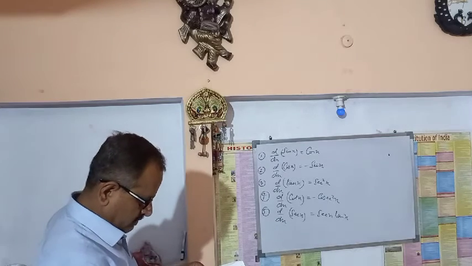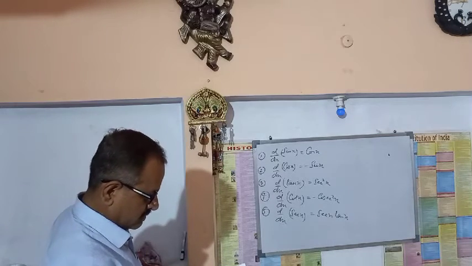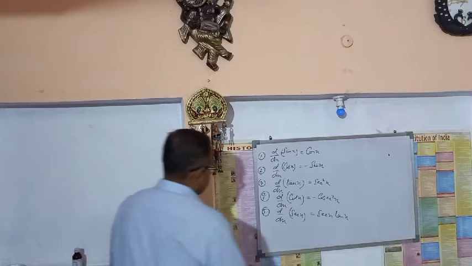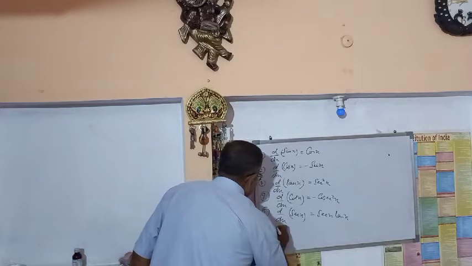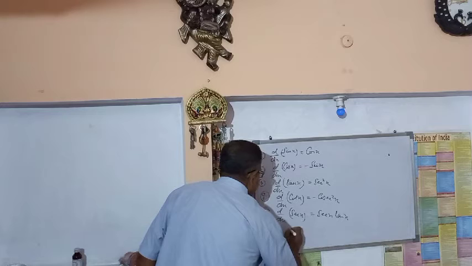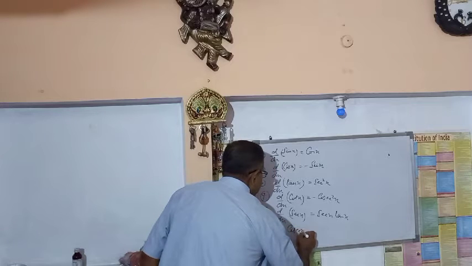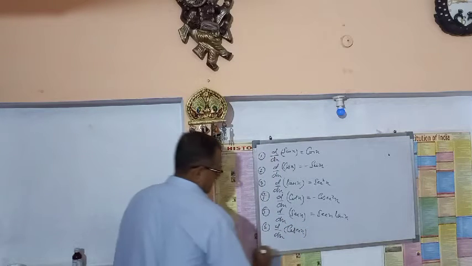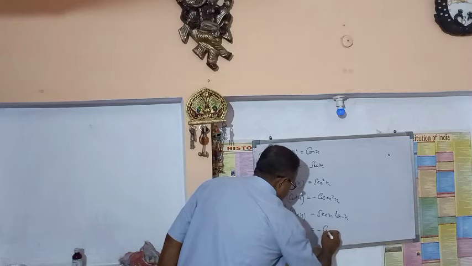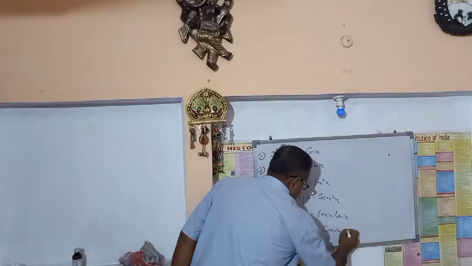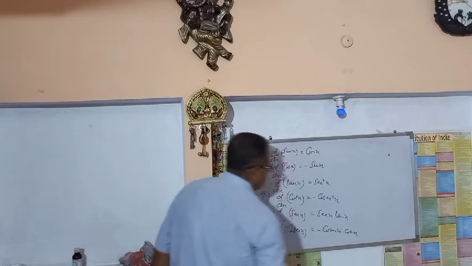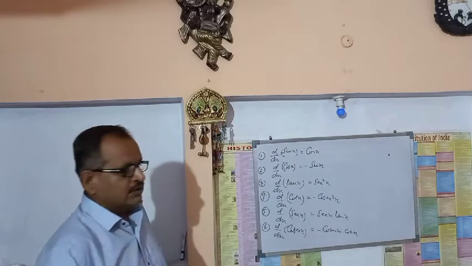And d by dx of cosec x is minus cosec x into cot x.